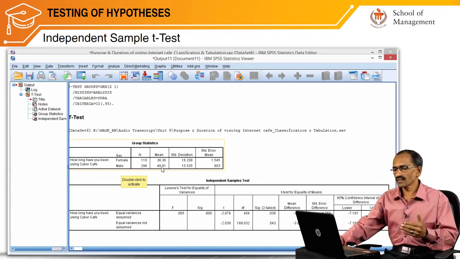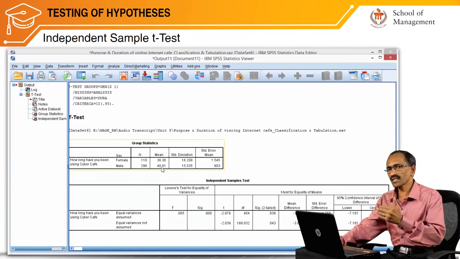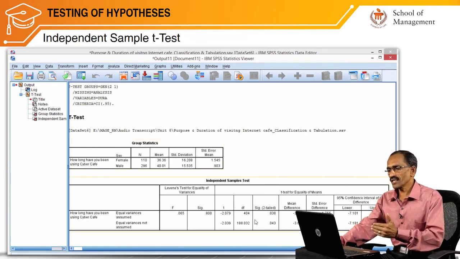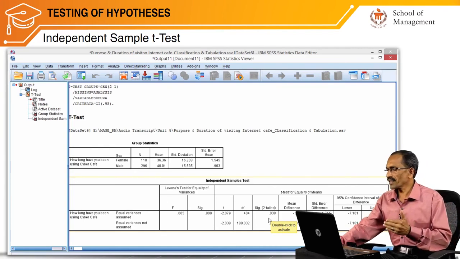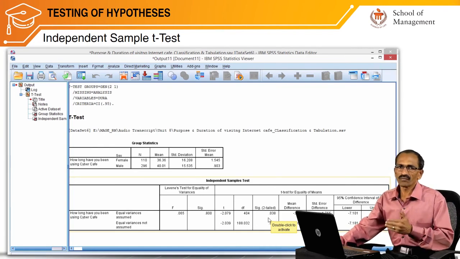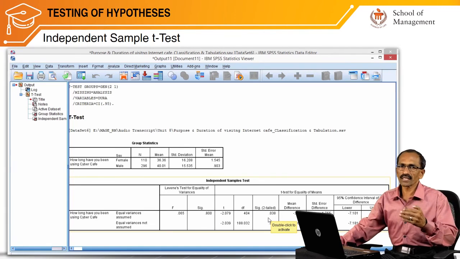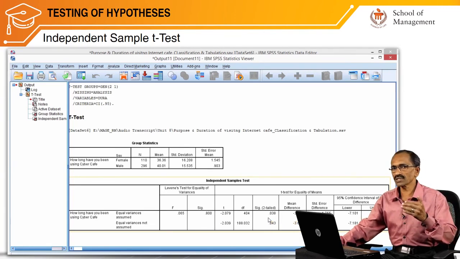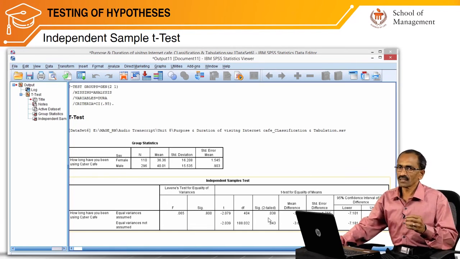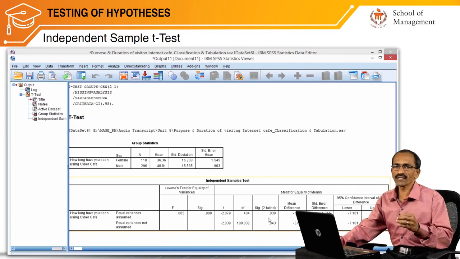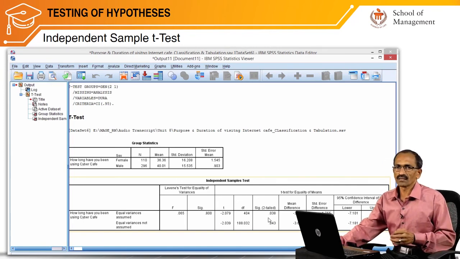Don't you think that there is a significant difference between these mean averages? That's why we have got this result, that the significance value associated with it is 0.038, which is less than the 0.05 level, which is the threshold value to take a decision in hypothesis testing. I hope you have understood how to conduct a test for equality of two population means.